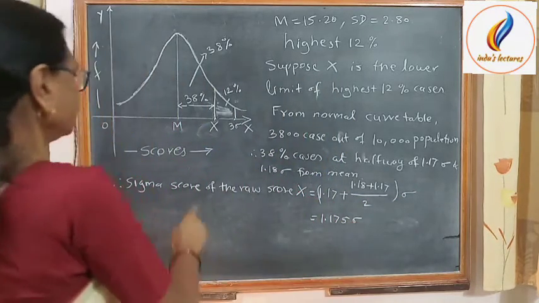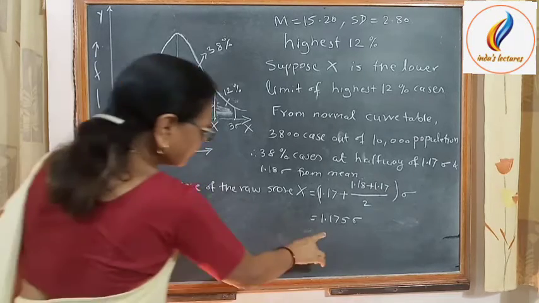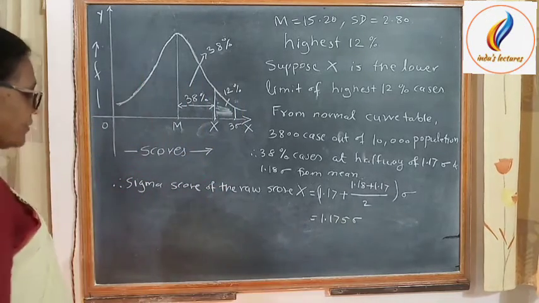That means the sigma score of x is 1.175 sigma.